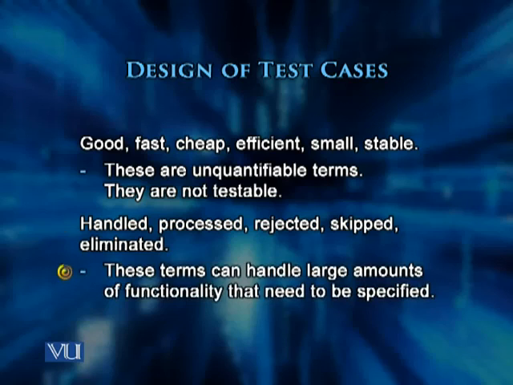These terms can handle large amounts of functionality that need to be specified. You can use these terms in broad contexts, and so you need to be sure exactly what handled or processed or rejected means. And if they can be broken down further, you need to break down that functionality.